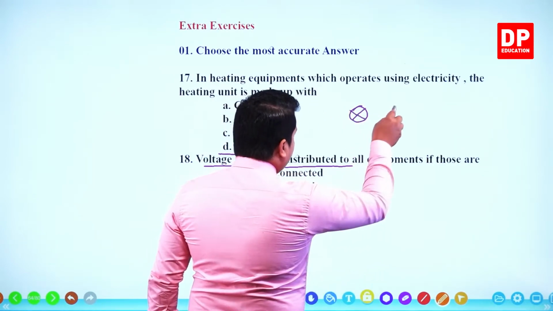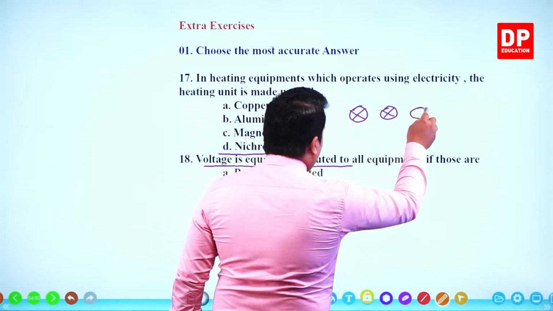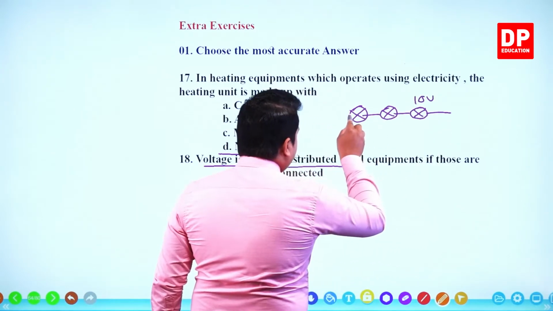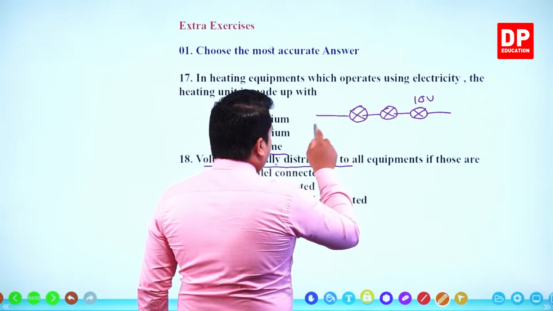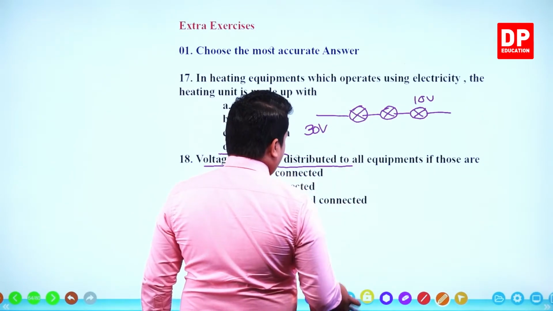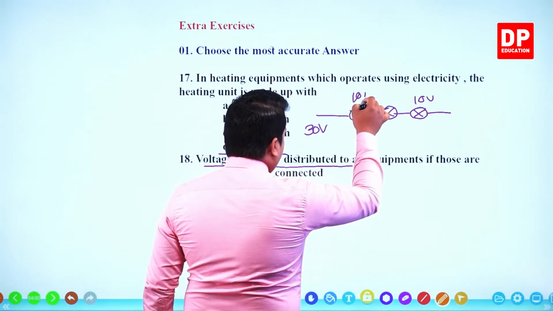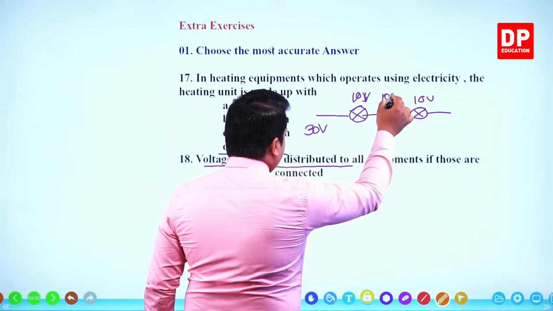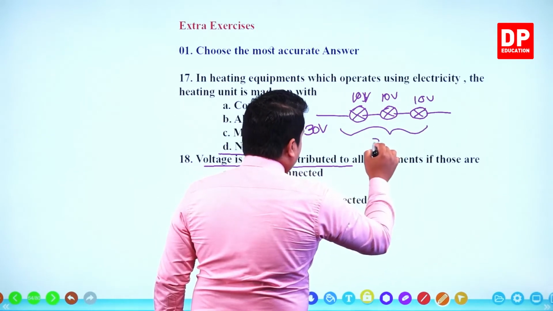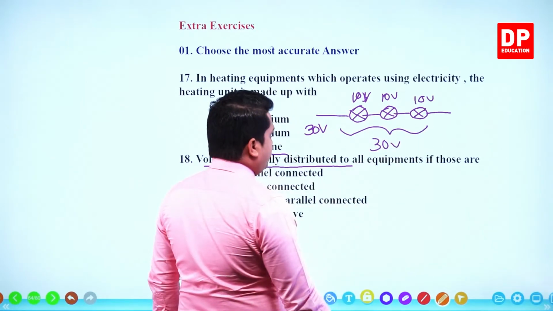Let's imagine there are 3 bulbs of 10 volts. So if I am going to provide 30 volts to this end, then this is absorbing 10 volts, this is absorbing 10 volts, this is absorbing 10 volts, altogether 30 volts, right?